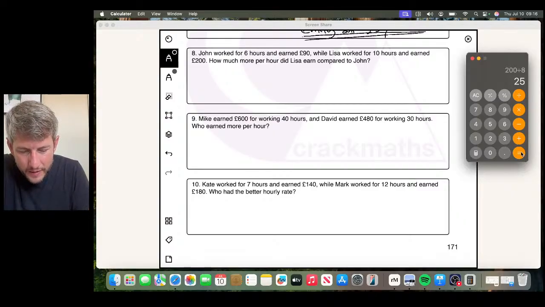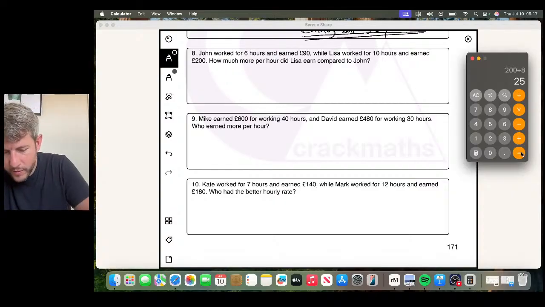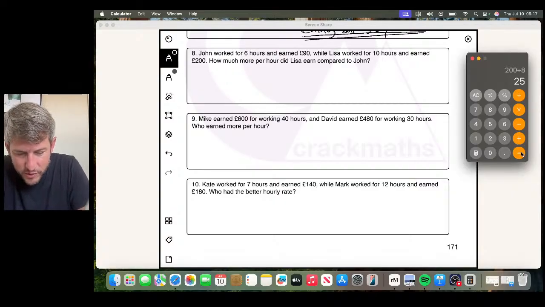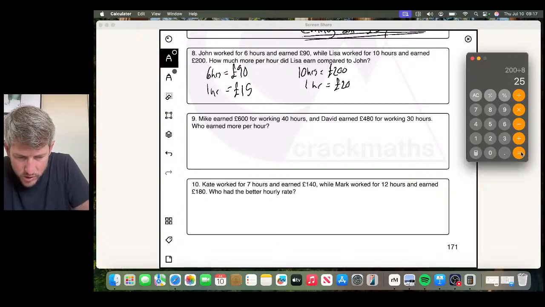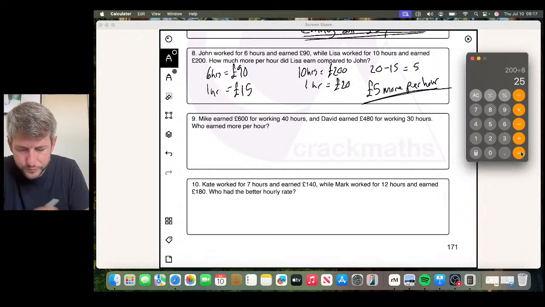So let's do John first. 6 hours equals £90. 1 hour will equal £15 because I've divided by 6. 10 hours equals £200. 1 hour equals £20. 20 take away 15 equals 5. How much more per hour did Lisa earn than John? £5 more per hour.